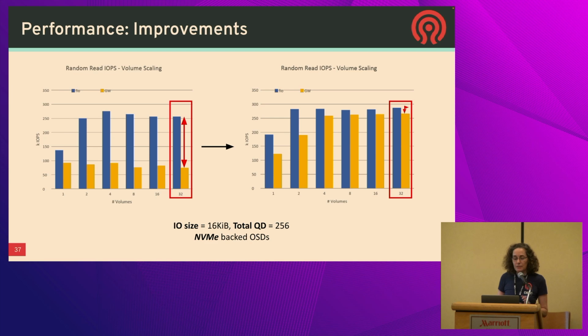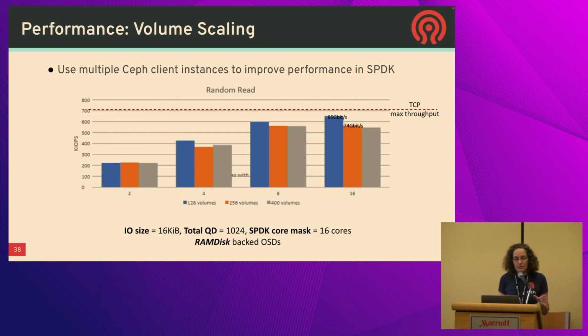Another thing we did is change the number of Ceph clients. We started with a single Ceph client for an SPDK target. That became a bottleneck. So we looked at what happens if we increase the number of Ceph clients, and how the performance improves.